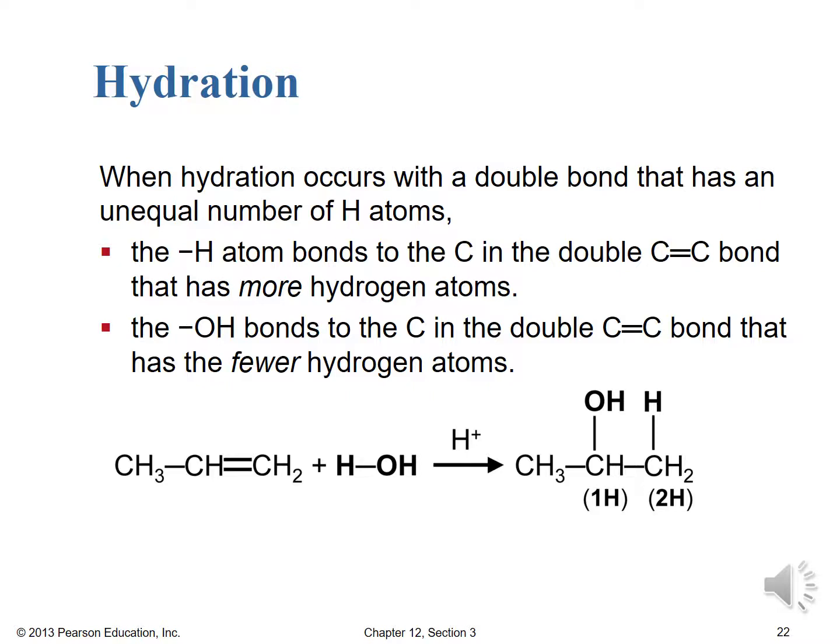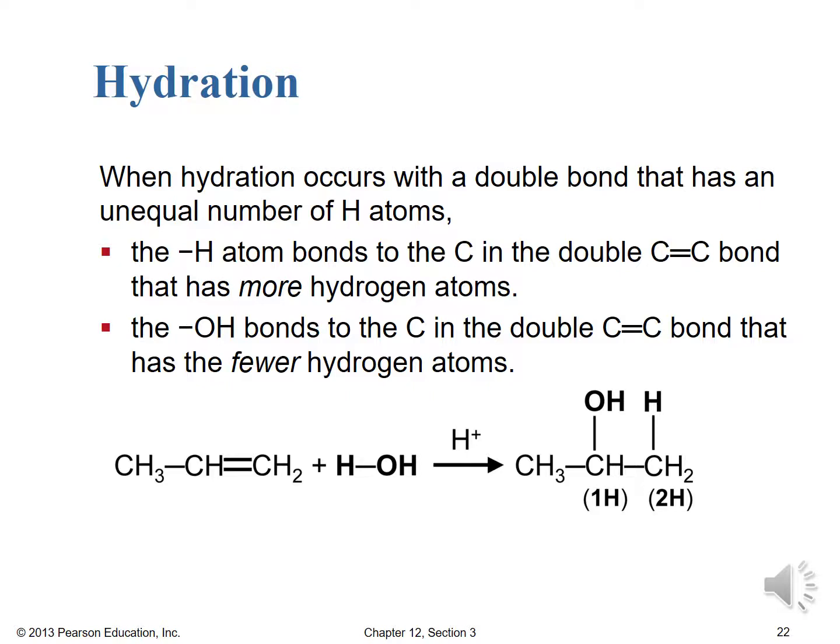But when we talked about hydrohalogenation, we talked about Markovnikov's rule, and Markovnikov's rule said that the species that starts with more hydrogens of those carbons participating in the double bond would get the hydrogen, and then whoever started with fewer hydrogens would get the non-hydrogen group. And that same Markovnikov's rule that applied for hydrohalogenation also applies for hydration.